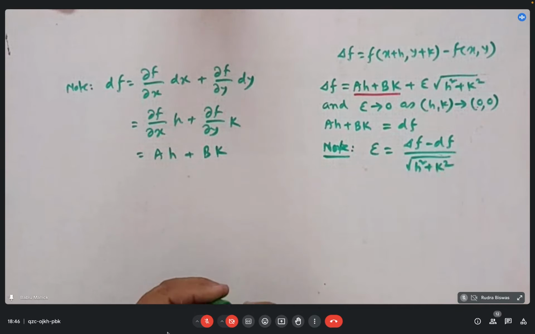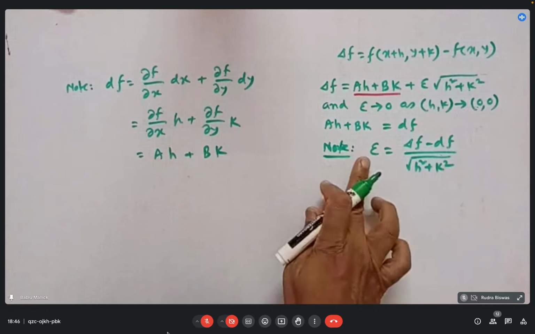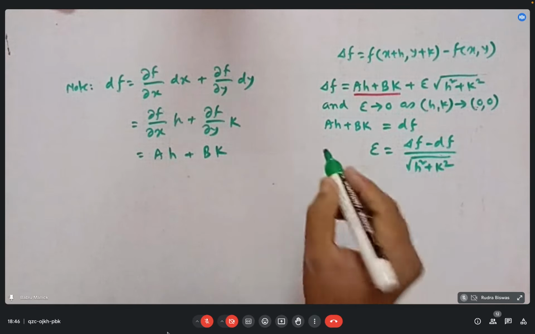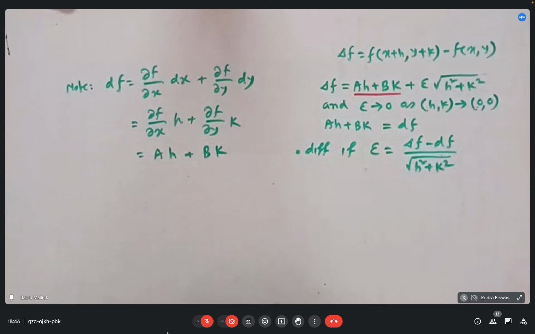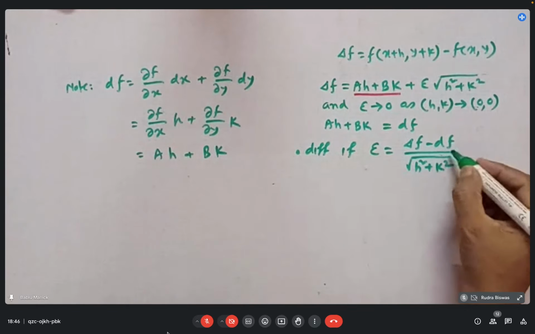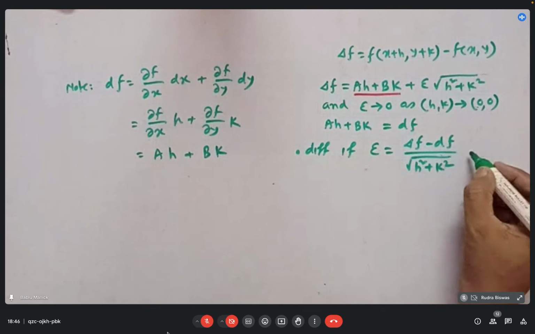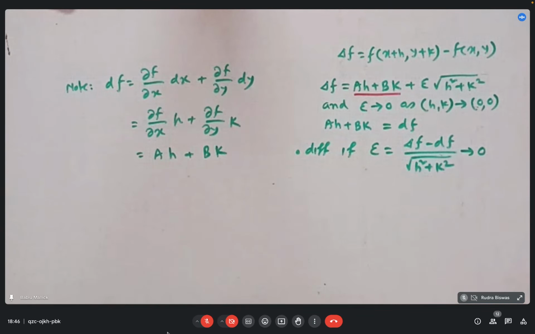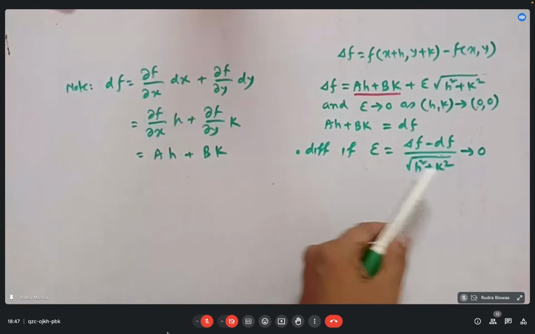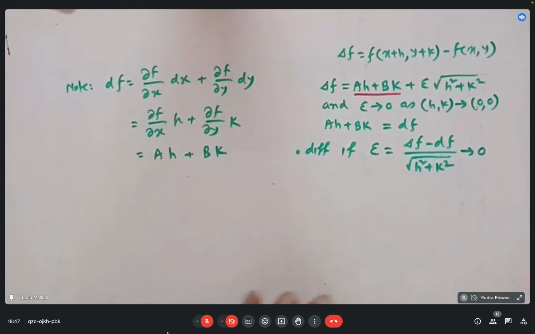So we can say that f is differentiable if epsilon tends to 0 as (h, k) tends to (0, 0).